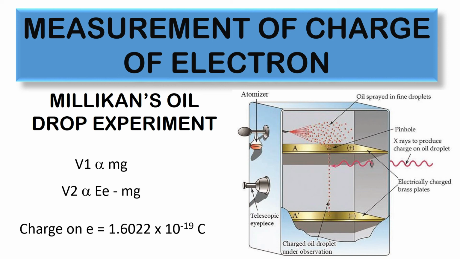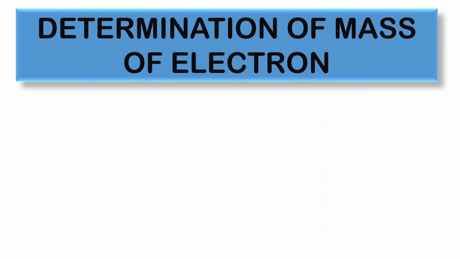So now we have the charge to mass ratio of the electron. We have the charge on the electron, and from this we can calculate the mass of the electron. We know the charge, that is 1.6 into 10 to the power minus 19 coulomb.